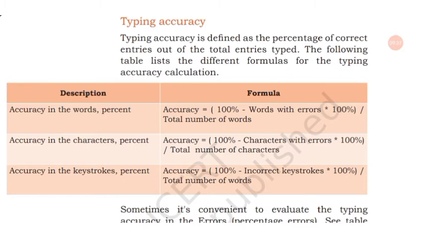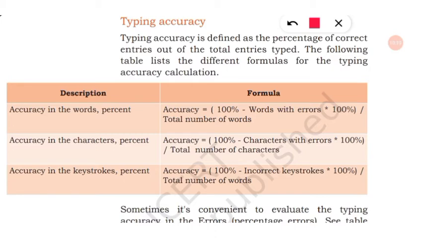So accuracy means percentage of correct entries. How many total entries are there? Out of that, how many entries were correct? So that is accuracy.